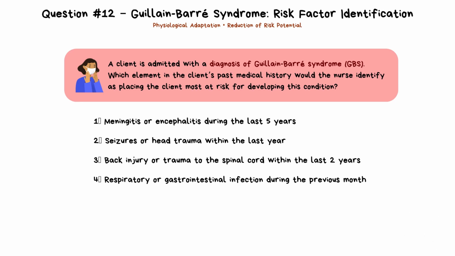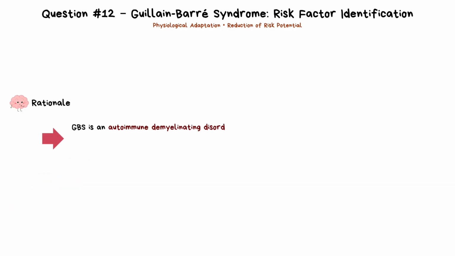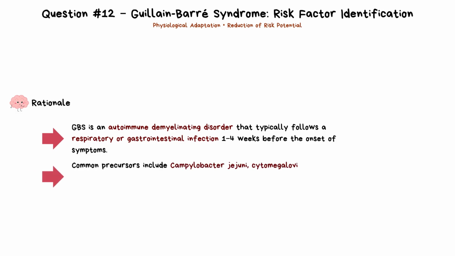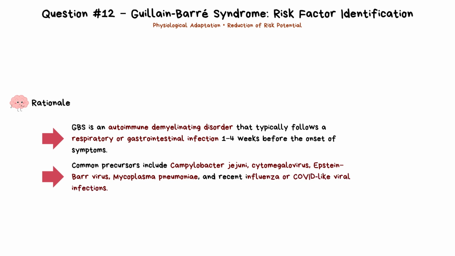The correct answer is option 4, a respiratory or gastrointestinal infection during the previous month. Here's the reasoning. In most cases, Guillain-Barré follows a mild infection, often viral or bacterial, 1 to 4 weeks before onset. Common culprits include Campylobacter jejuni, cytomegalovirus, Epstein-Barr virus, or Mycoplasma pneumoniae.